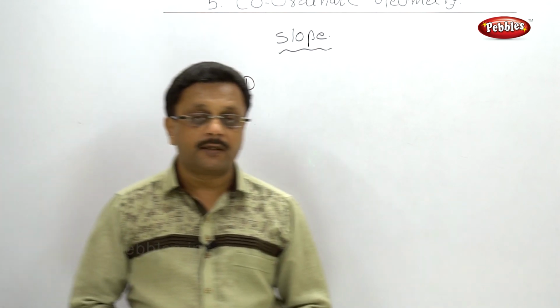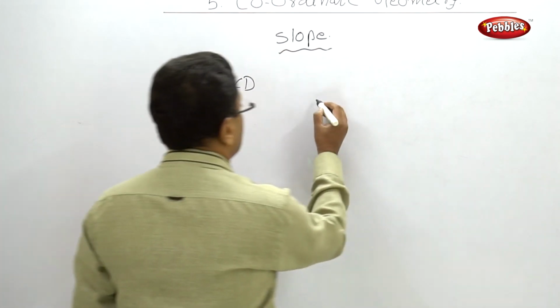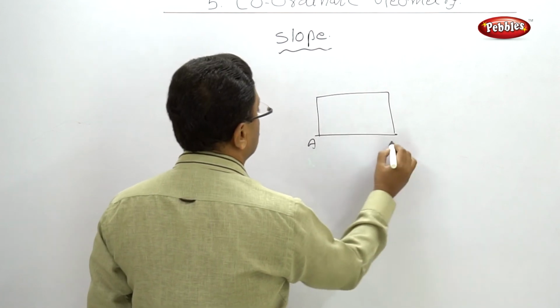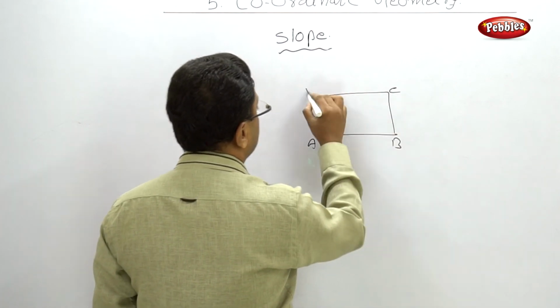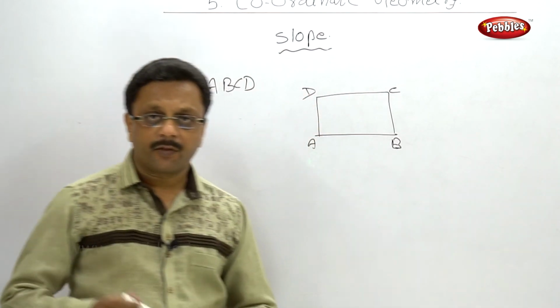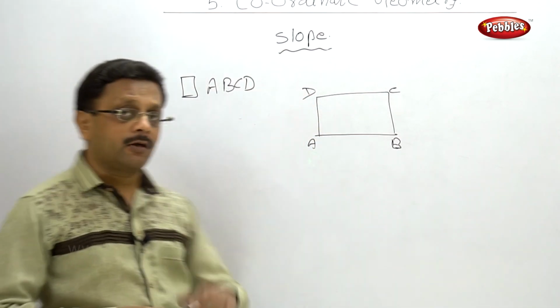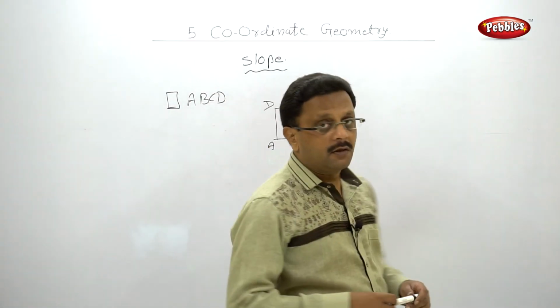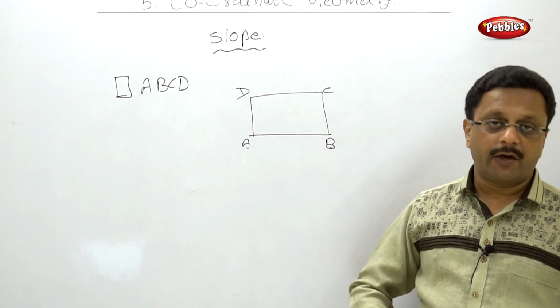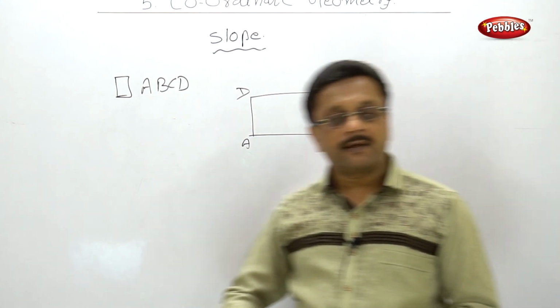You have to show that this is a parallelogram. So suppose this is ABCD, with vertices A, B, C and D. Vertices are given. How will you prove that this is a parallelogram? What is the property of a parallelogram? Opposite sides are parallel. We have two pairs of parallel lines.